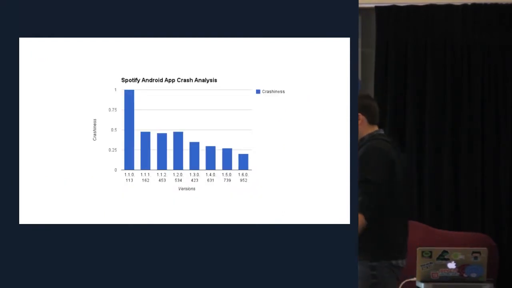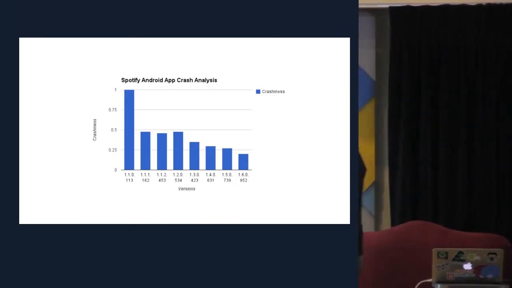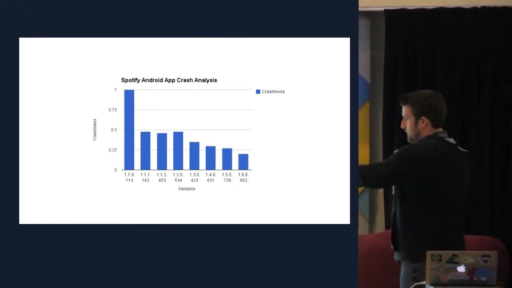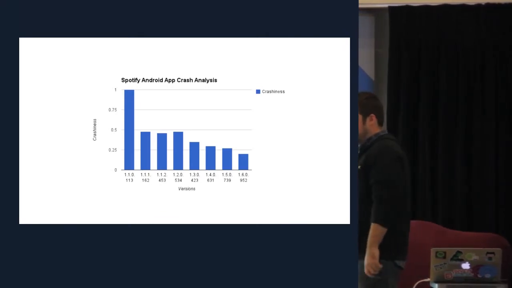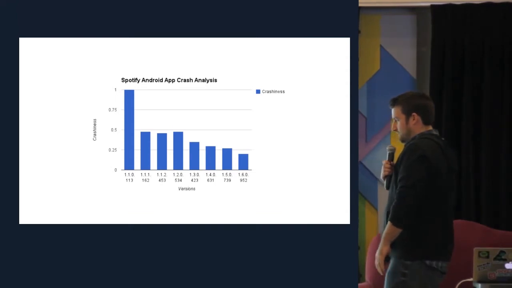However, I can prove to you that even though we have more people, we're releasing quickly, and we're growing, and the app is getting more complex, the crashiness of the app is actually going down. So if you look at 1.1.0 compared to 1.6.0, that is actually crashing about 20% of the rate of the former.